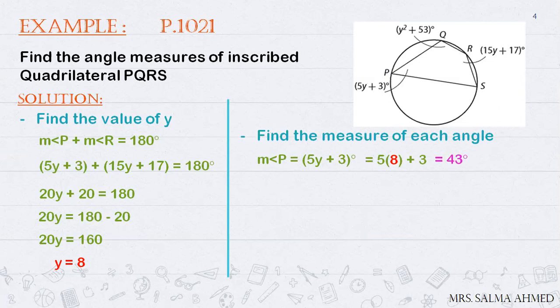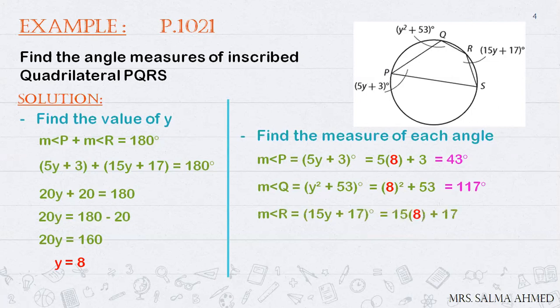I repeat the same for the measure of angle Q, which is y squared plus 53. I replace y by 8, so it is 8 squared plus 53, which gives me 117 degrees. Then the measure of angle R, which is 15y plus 17, so it will be 15 times 8 plus 17, which gives me 137 degrees.